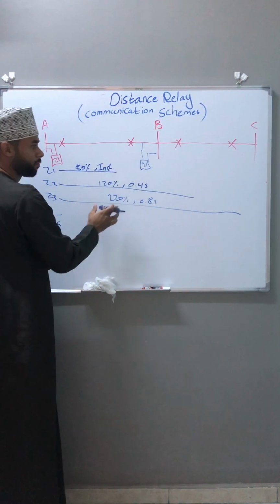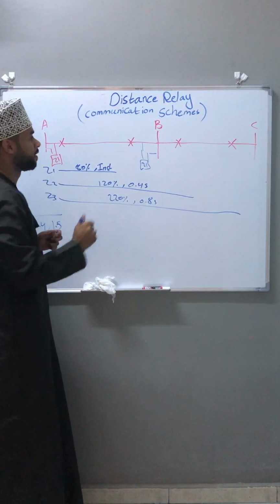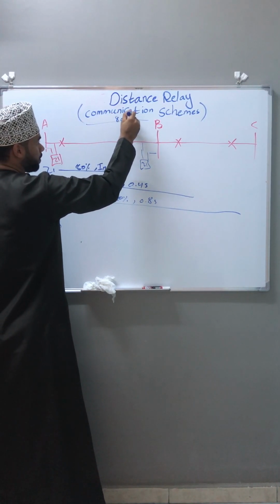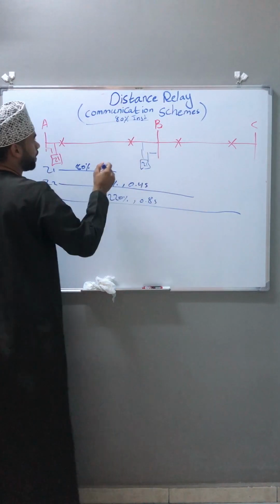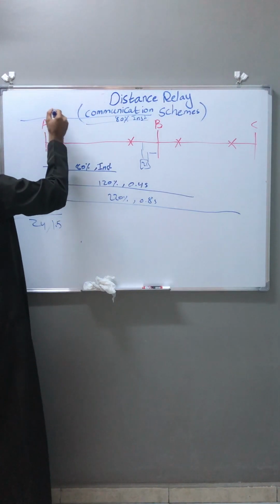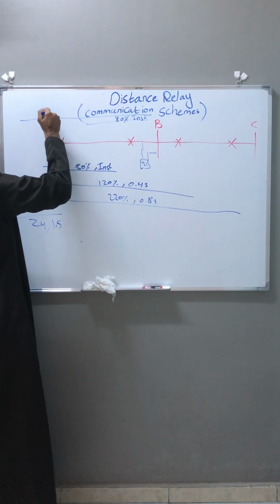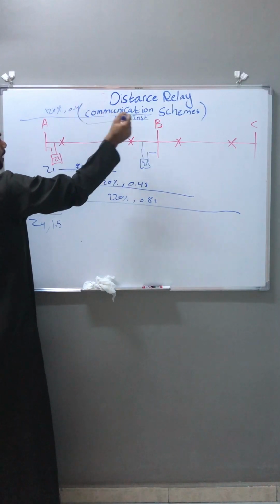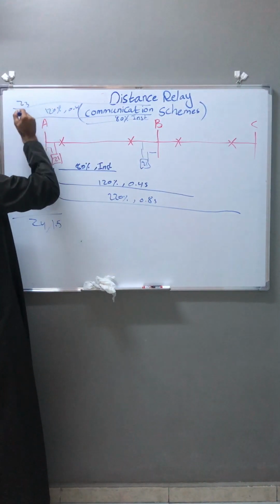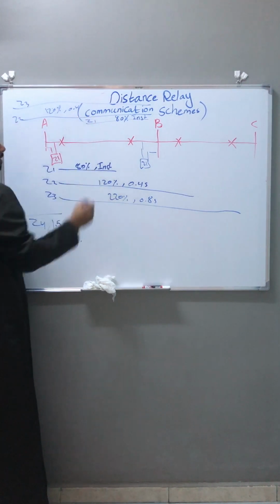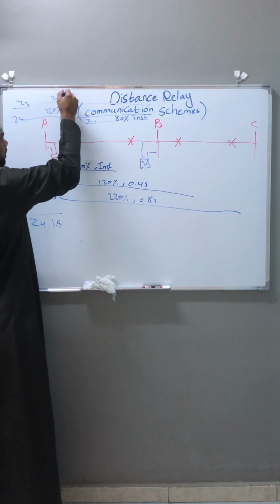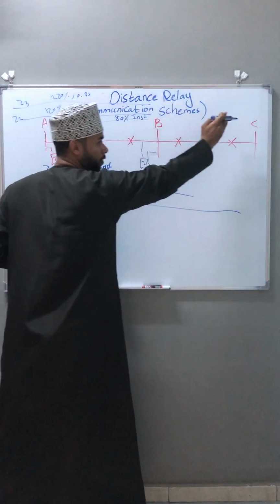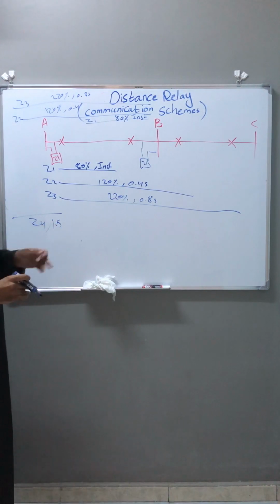It will have the same setting as the distance relay in substation A. So zone 1 will cover 80% with instantaneous time delay, zone 2 will cover 120% with time delay 0.4, and zone 3 will cover 220% with time delay 0.8 second, the same setting as in substation A. And zone 4 will look in the opposite direction with time delay 1.5 seconds.